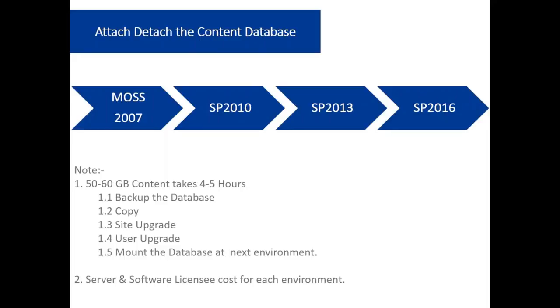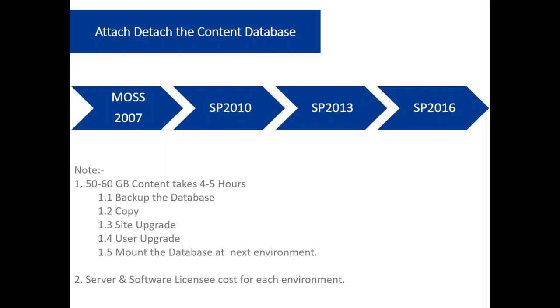If we have MOSS 2007, this is our practice from what we observed during a couple of projects. Say we have 50 to 60 GB of content on one environment. The activities are: take a backup of the database, that is the content DB, and copy the backup file from one environment to another, like moving from SharePoint MOSS 2007 to 2010. Then do the copy, site upgrades, and user upgrades, that is the user migrations.